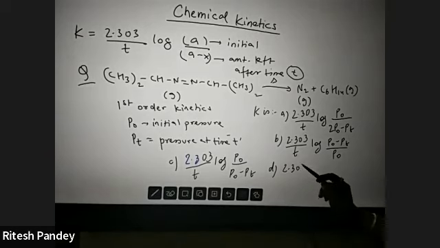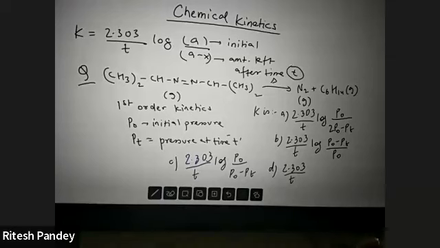This being a real exam question, I'm writing the option, but you can very well do without writing the option.